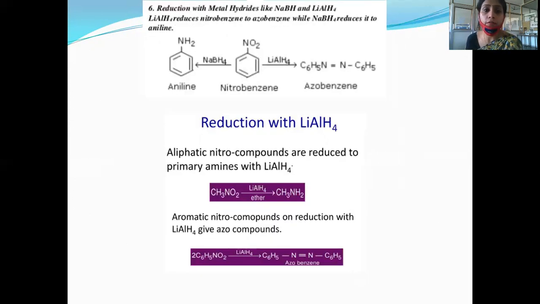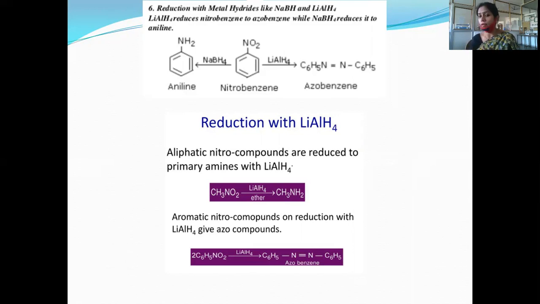Now, when we reduce it with some metal hydride like NaBH4 or LiAlH4, we know that they are very strong reducing agents. So LiAlH4 reduces nitrobenzene to azobenzene, whereas NaBH4 reduces this to aniline. So you have to remember with LiAlH4 what the product is, and with NaBH4 what the product is. Now, with the LiAlH4 reaction, aliphatic nitro compounds are reduced to primary amines.